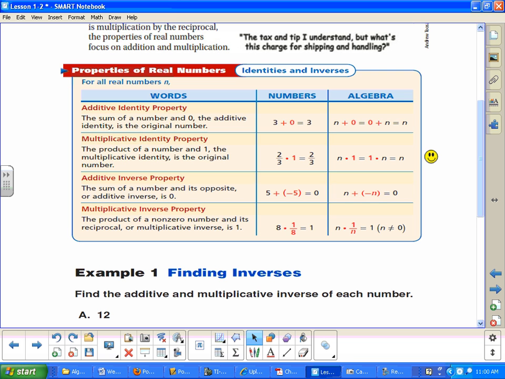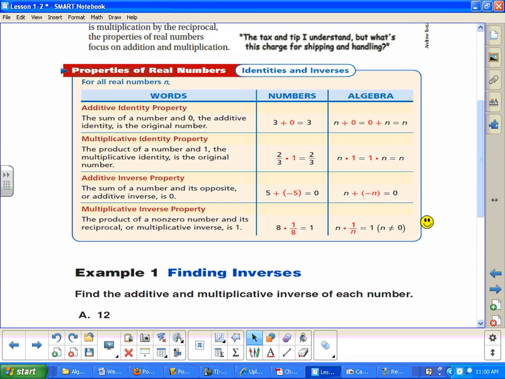So adding 0, multiplying by 1, we get the same thing. Additive inverse says when we add the opposite, we get 0. So what does it take to get 0? Would be adding the opposite, which is the additive inverse. Multiplicative inverse, what do I multiply by to get 1? And that's the reciprocal.